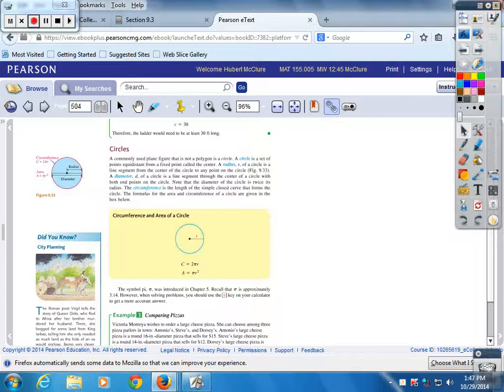The circumference, or the perimeter of a circle, is equal to 2 pi r. And the area of a circle is equal to pi r squared. And they're right there also. The perimeter, or the circumference, is equal to 2 pi r. And the area is equal to pi r squared.